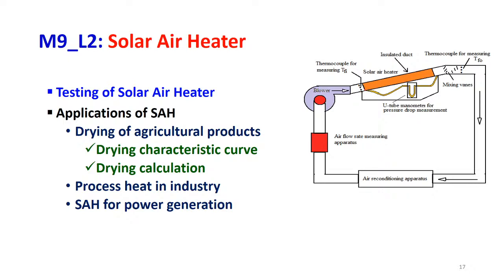So application may be in drying of agricultural products. So we have learned drying characteristic curve, drying calculation, and process heat in industry, and solar air heater for power generation. The figure you can see here is similar to the testing adopted for liquid flat plate collector, but here we need to perform the experiments at different mass flow rates, because air side heat transfer coefficient is lower than liquid side heat transfer coefficient.